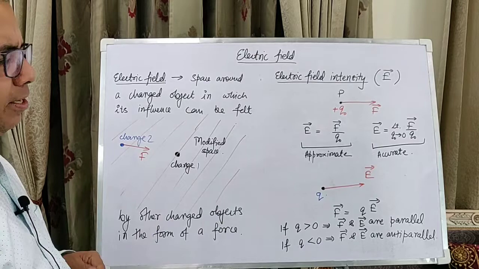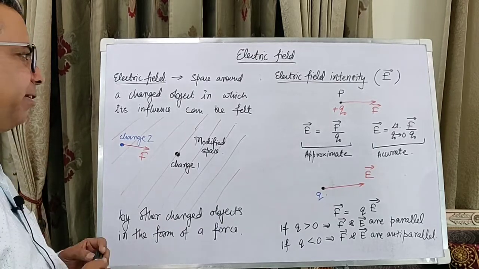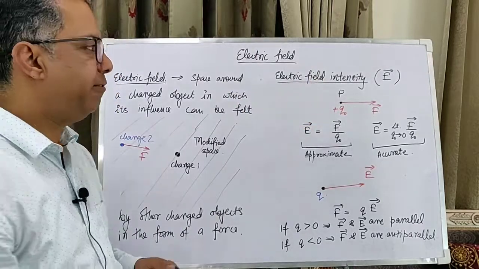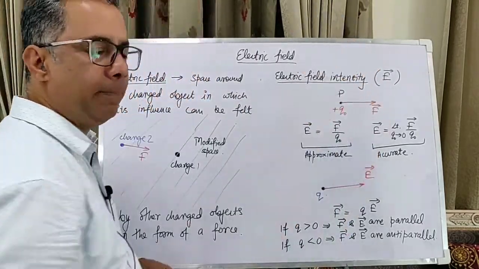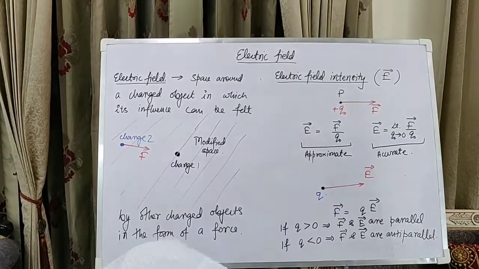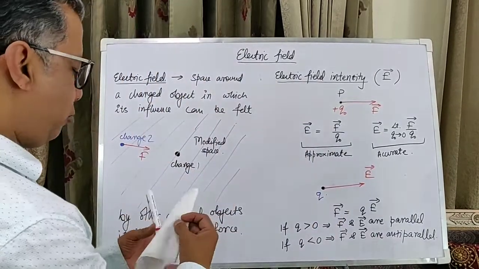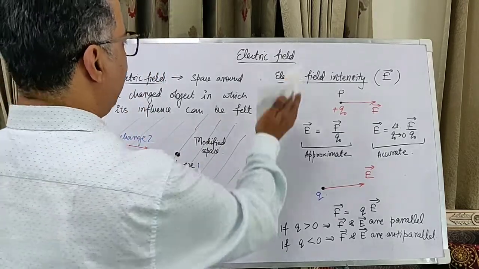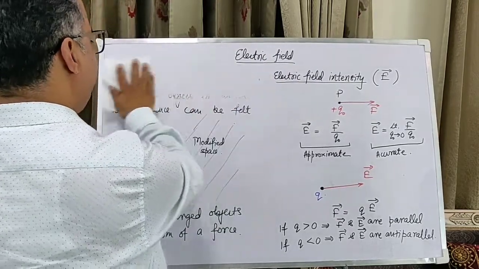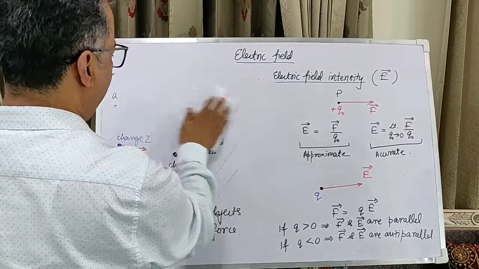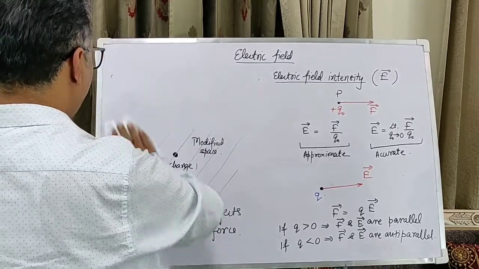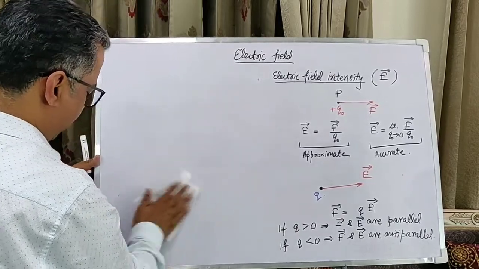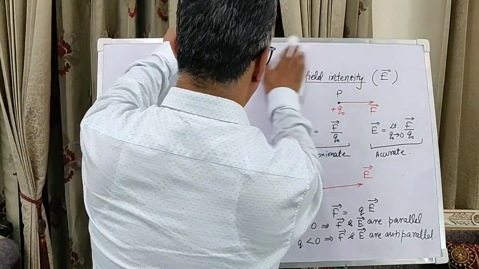So this then is the concept of electric field, and of course also the electric field intensity E. We will now learn how to calculate the electric field intensity due to charges and distributions of charges. To start with, we take up the simplest possible case of a point charge.